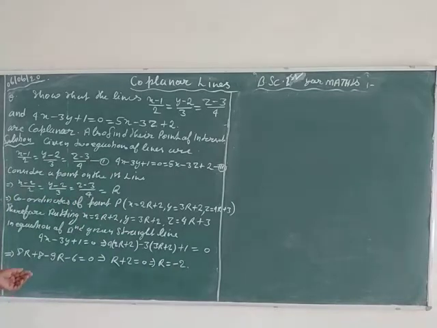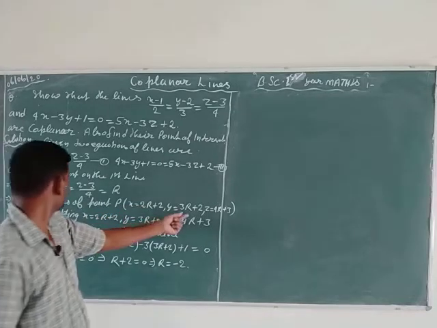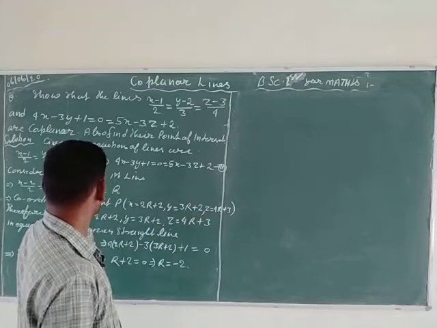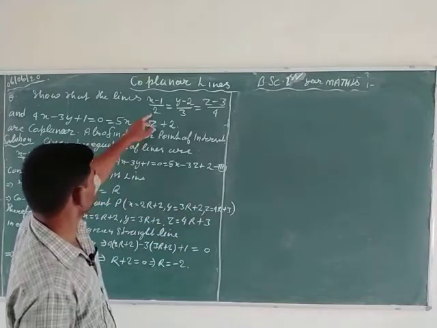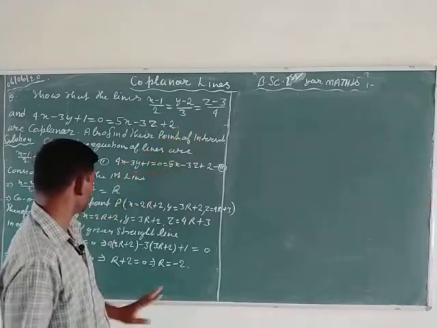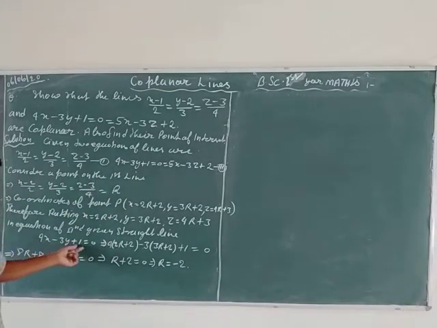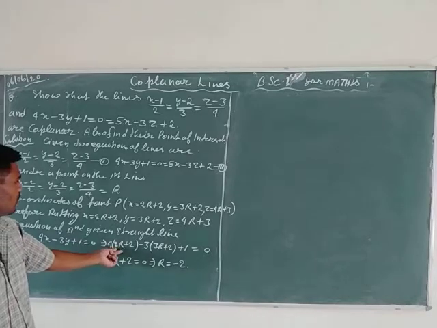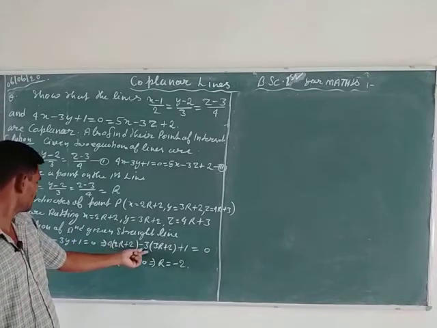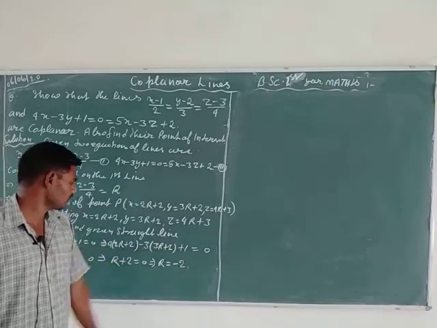Here please check one more time. x is equal to 2r plus 2, y is 3r plus 2 and z is 4r plus 3. Putting these values of x, y, z in the equation 4x minus 3y plus 1: 4 times (2r plus 2) minus 3 times (3r plus 2) plus 1 is equal to 0.